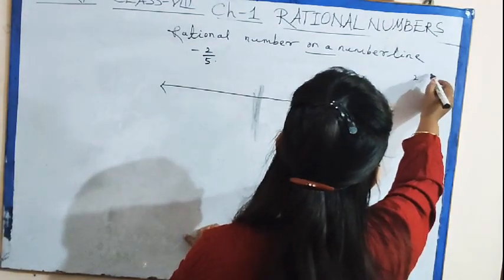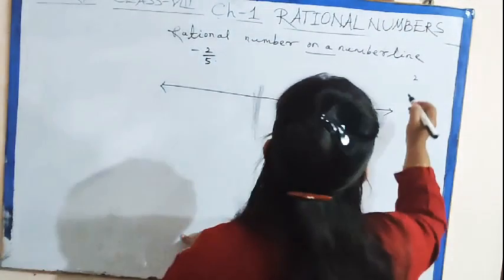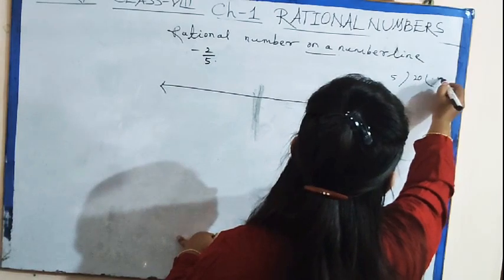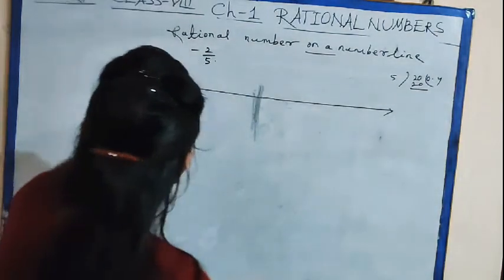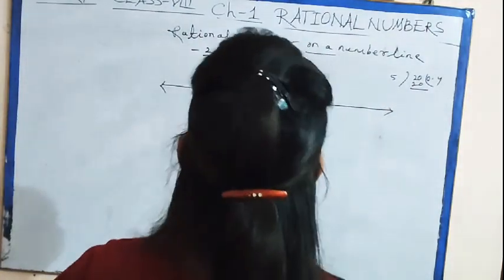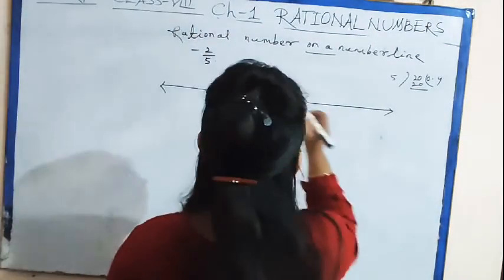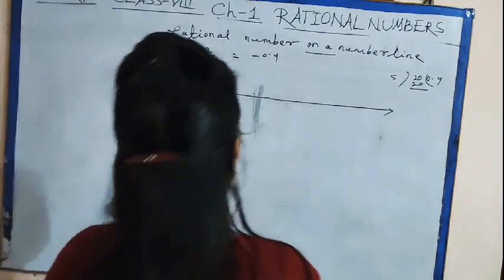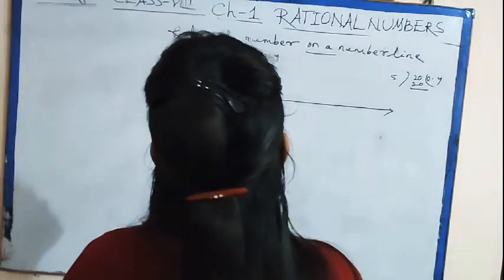You divide it. 2 divided by 5 gives 0.4. So minus 0.4 because it is negative. Minus 0.4 is greater than minus 1, and less than 0, because all negative numbers are less than 0.